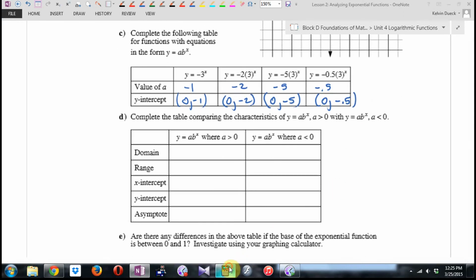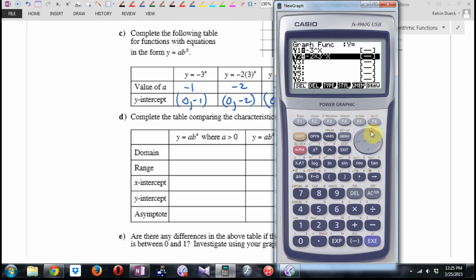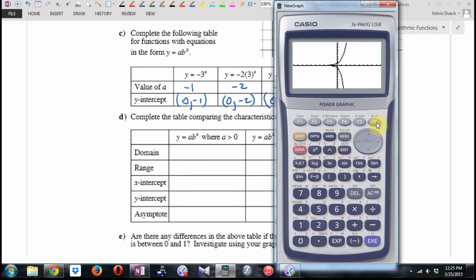So, just to help you visualize, I'm going to go like this. Delete, delete. So here's positive 3 to the x. And here is negative, I'll pick a different base, 5 to the x. Do they look similar?